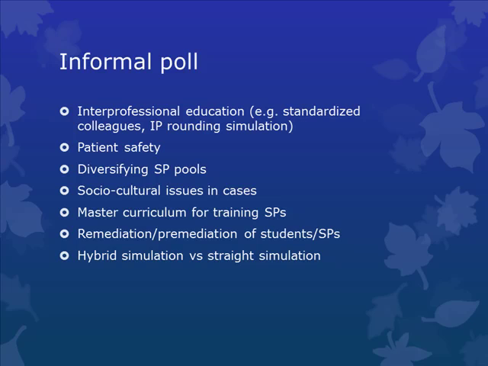How we develop a master curriculum for training SPs, like a standard program for that. Remediation or pre-mediation, as I like to think of it, of students and SPs. There's a lot of research that should go into that. And then, of course, this issue of hybrid simulation versus straight simulation. What works best where.